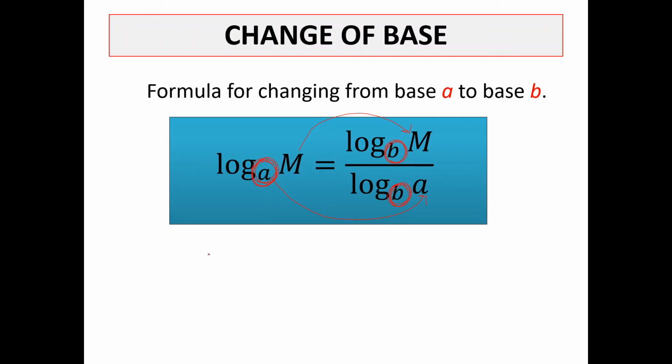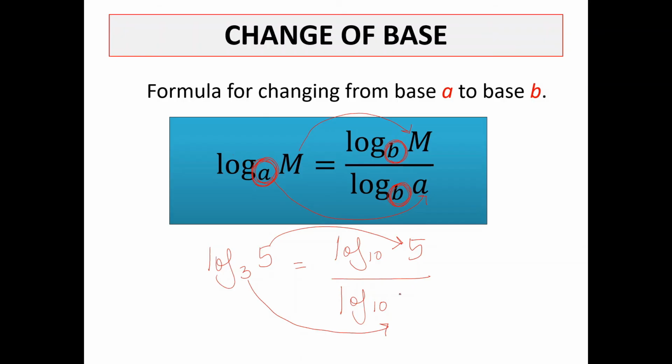Let's say I have log 5 base 3, and I want to change it into base 10. Just put log base 10 at the numerator and denominator. So 5 goes to the numerator, and 3 goes to the denominator, so we get log 5 base 10 divided by log 3 base 10.